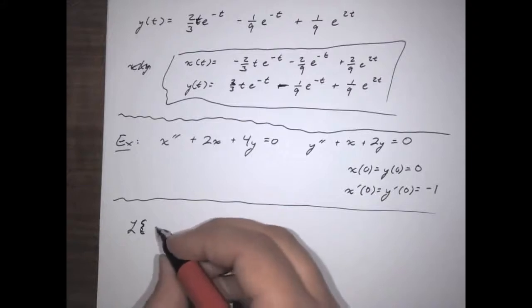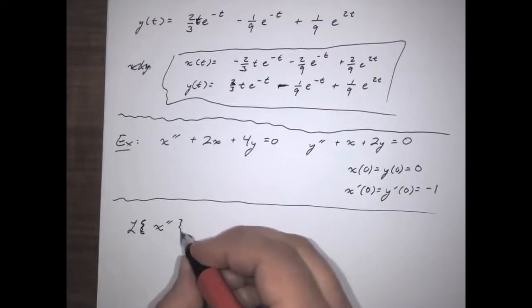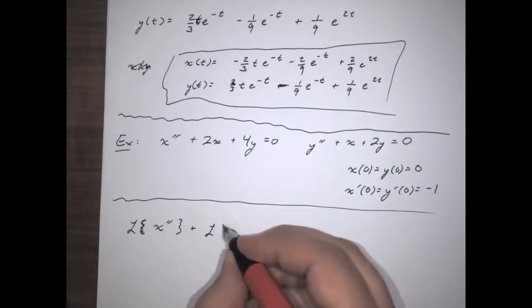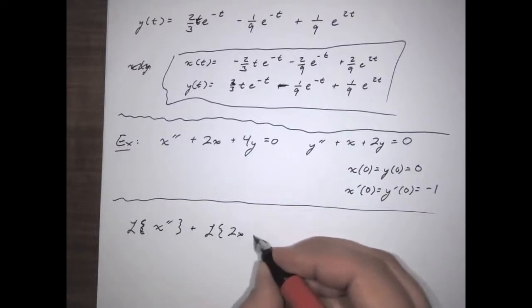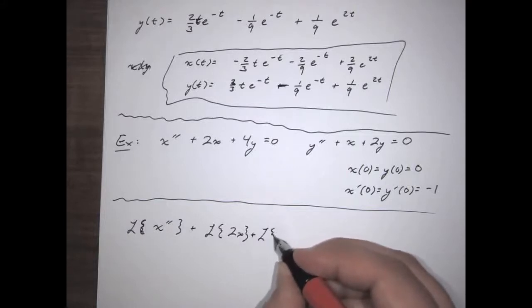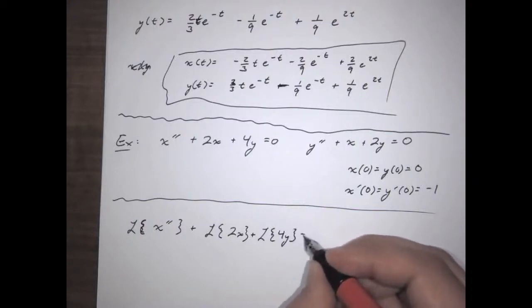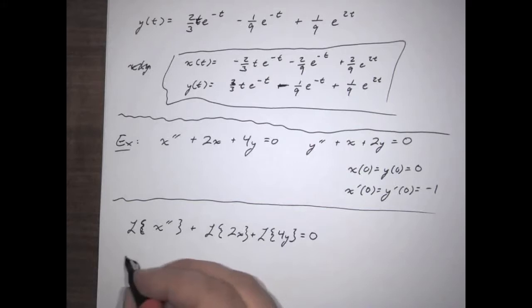So we have the Laplace transform of x double prime plus the Laplace transform of 2x plus the Laplace transform of 4y equals 0. Let's just take this down the road.